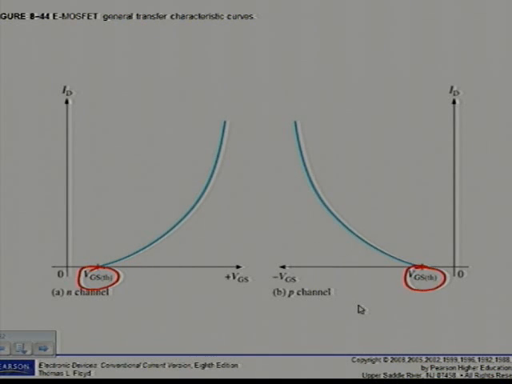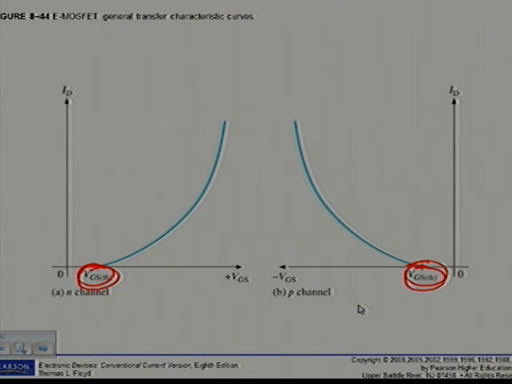So, the equation for the parabolic transfer characteristic curve of the E-MOSFET differs from the JFET and the D-MOSFET because the curve starts at VGS threshold rather than VGS off. Make sure that you note that, because it never intersects the vertical axis.